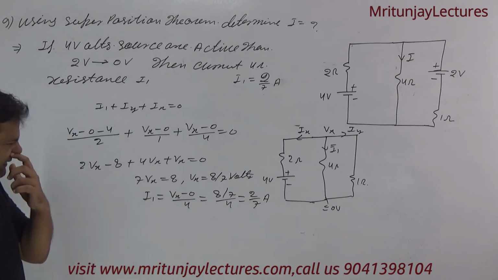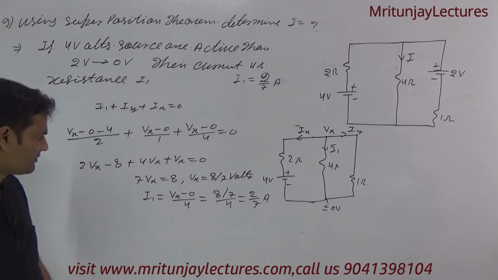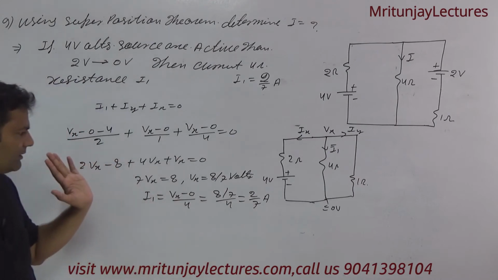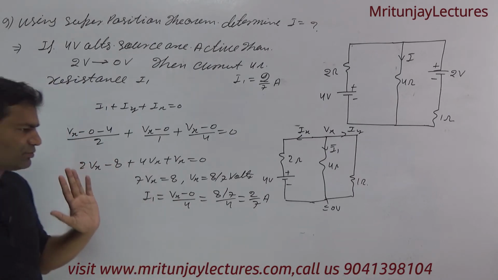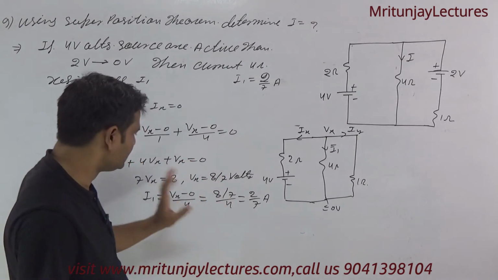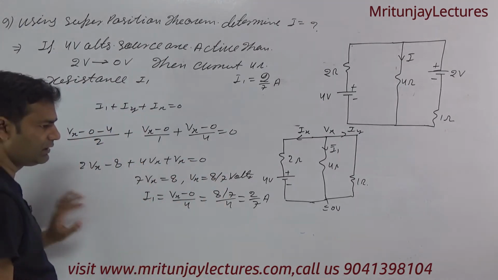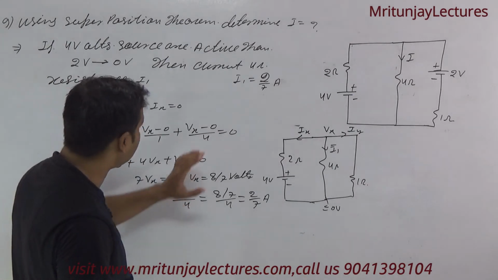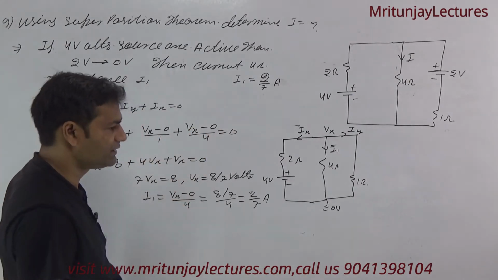Clear? That is Vx equal to 8 by 7. Finally we got the final answer I1 corresponding 2 by 7, corresponding to the 4 volt source being active.